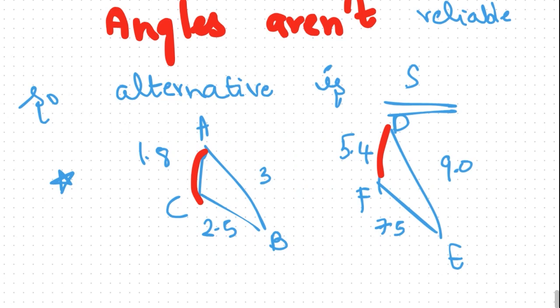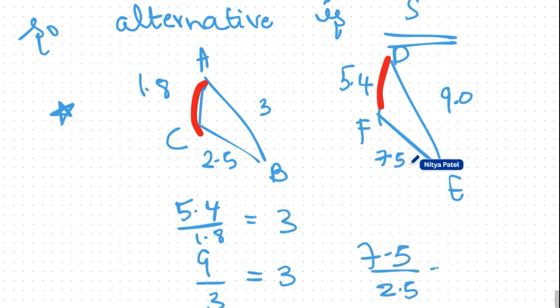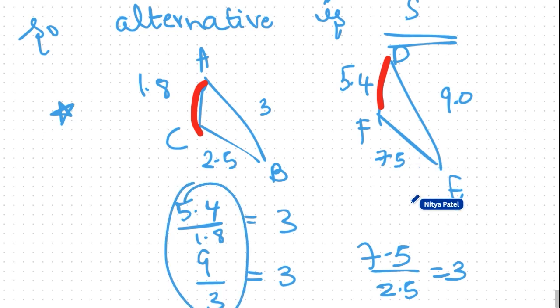So basically, you can say 5.4 upon 1.8 is equal to 3, 9 upon 3 is equal to 3, and then 7.5 upon 2.5 is also 3. So all these three ratios are equal. So triangles are similar. These are the common methods.